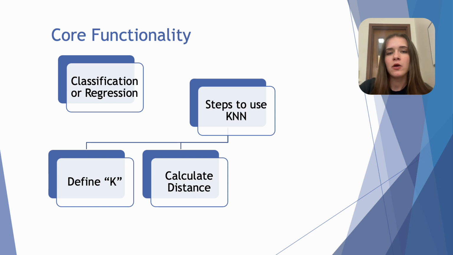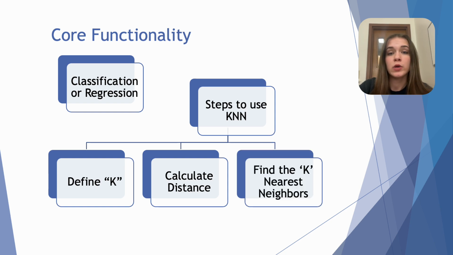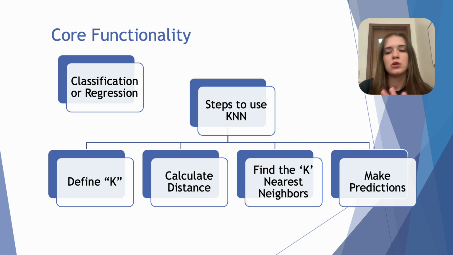After calculating the distance between your query point and all of the rest of your data set, you'll be able to sort the data points by distance and pick the K closest points, so your 3 closest points that are the most similar to your new point. And then that can be used to make classification or regression predictions.